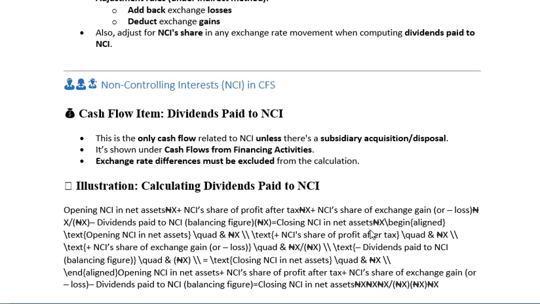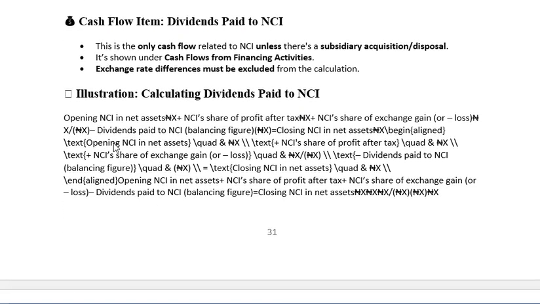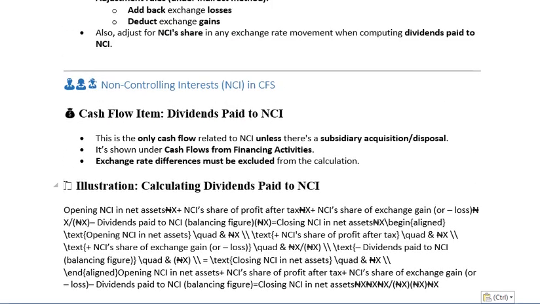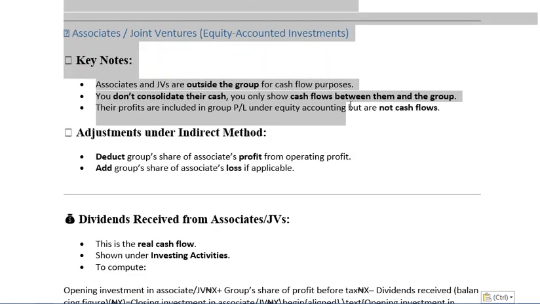Where there is no acquisition or disposal, the dividend paid to NCI is a cash flow and it is shown under financing activities because your NCI are shareholders. But the exchange rate differences must also be excluded from the calculation in case you have an exchange rate difference.